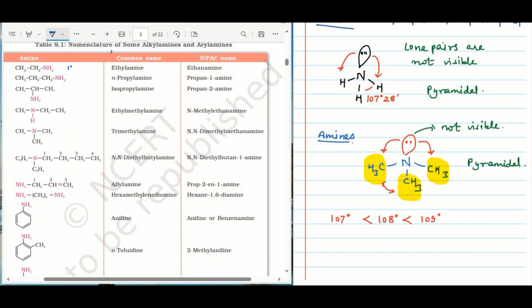The common name for primary amine is alkylamine, and for the IUPAC system, it is alkane amine. So select the longest carbon chain that includes your functional group. Here it is a 2 carbon long chain, so the common name will be ethylamine and the IUPAC name will be ethane amine.